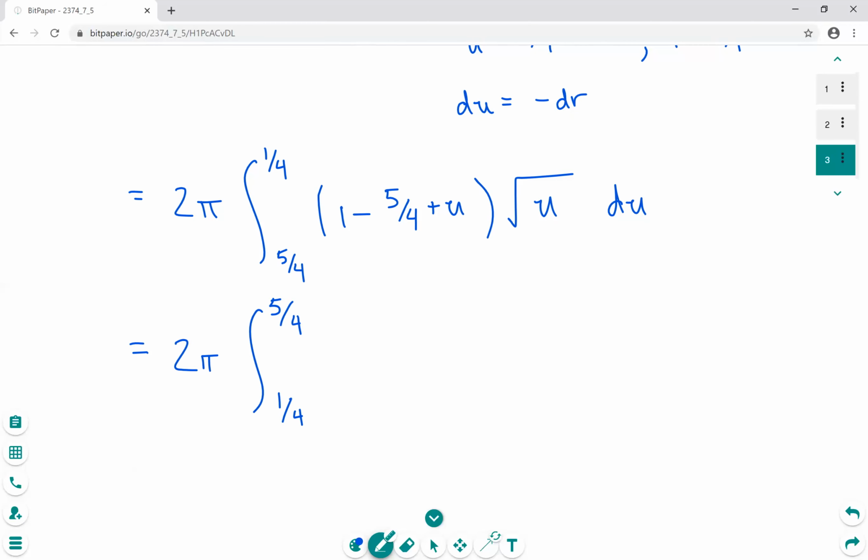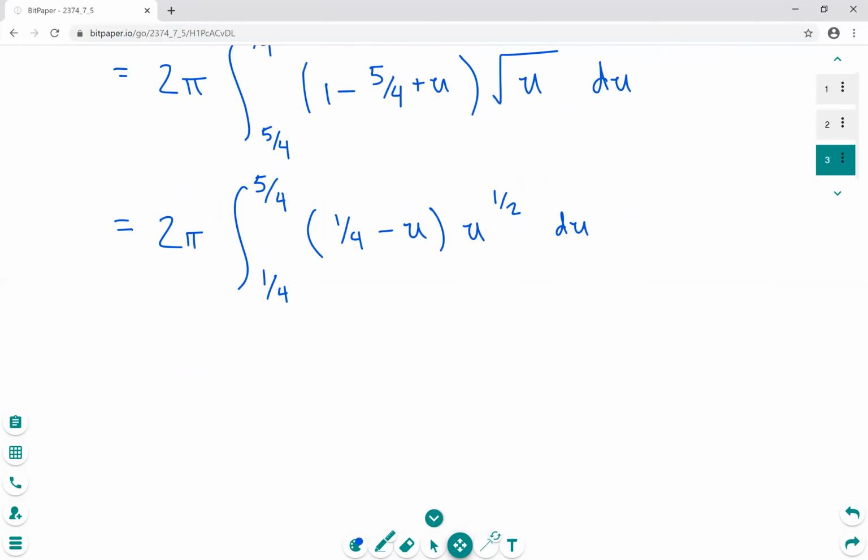So instead of having u minus 1/4 on the inside here, we get 1/4 minus u. Okay, and then on the outside is just u to the 1/2. So now you're seeing, well, this is just the integral 1/4 to 5/4 of 1/4 u to the 1/2 minus u to the 3/2.